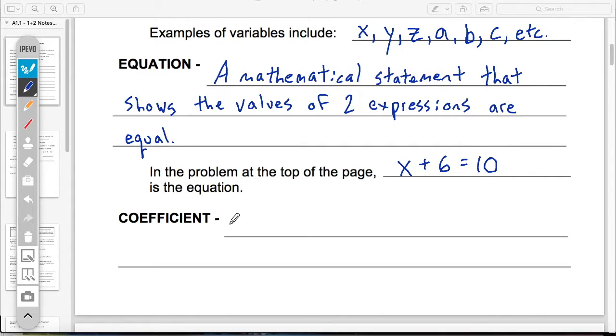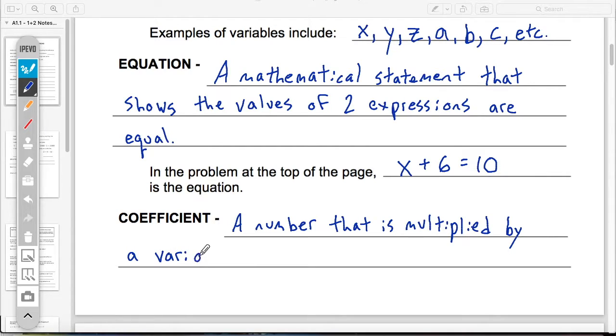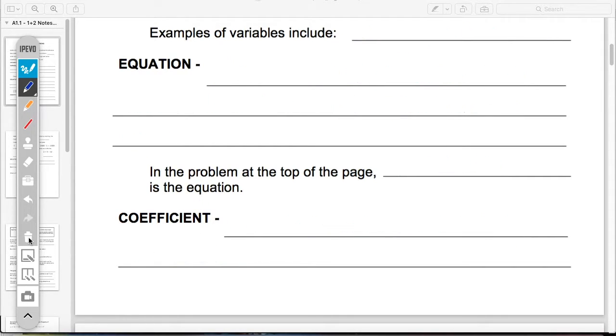A coefficient is a number that is multiplied by a variable. We'll need to know this word a lot throughout this standard. Pause the video if you need more time.